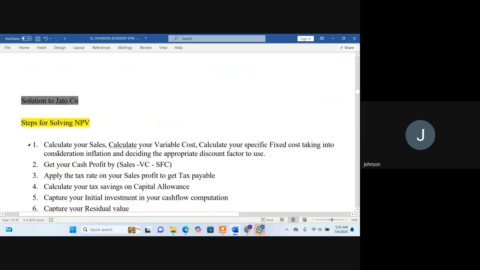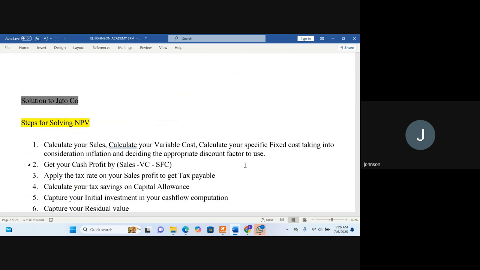Number one, you need to calculate your sales, your variable costs, and your specific fixed costs, taking inflation into consideration and deciding the appropriate discount factor to use. Though both the cash flows and the discount factor are in real terms, the trick of the examiner is that they want you to use them like that.